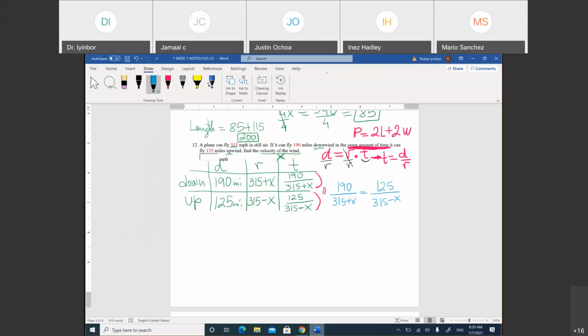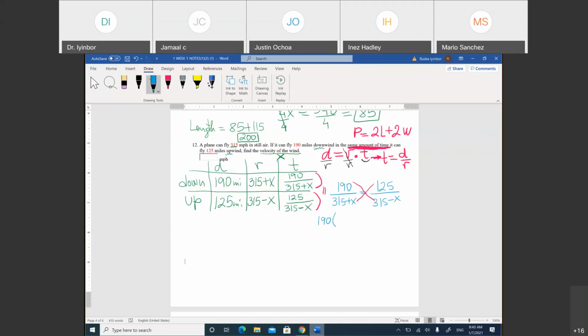Okay? How are we going to solve this equation? We're going to cross multiply. So we multiply this 190 times the bottom equals 125 times the other bottom.